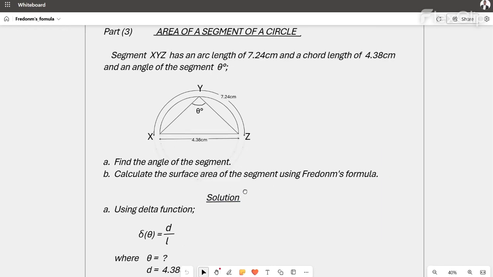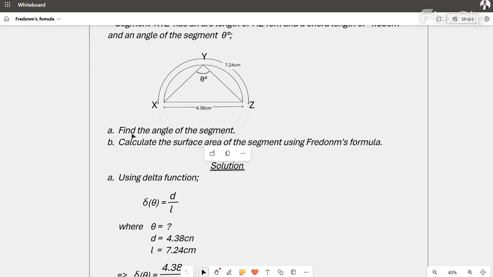Now, solution. The first question says that we should find the angle of the segment. So using delta function, yes, delta function. This is a function that we've discussed in one of our previous videos.